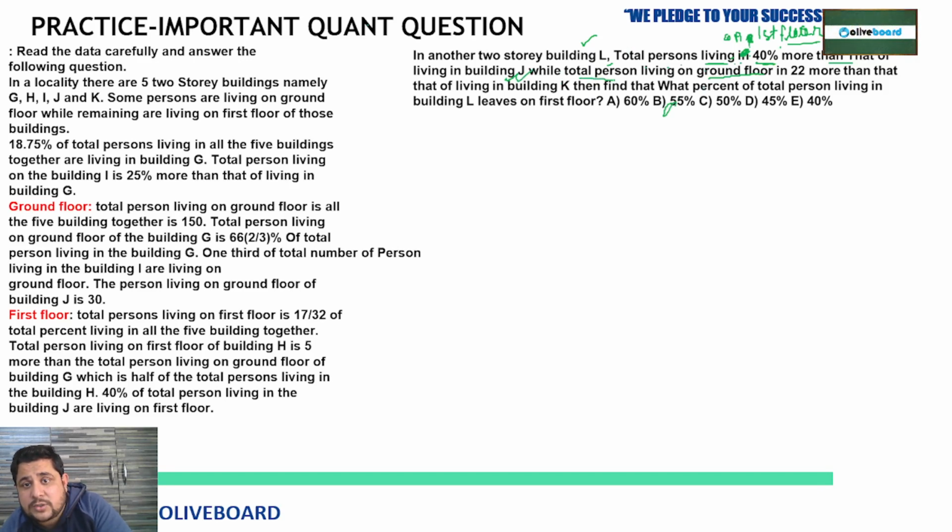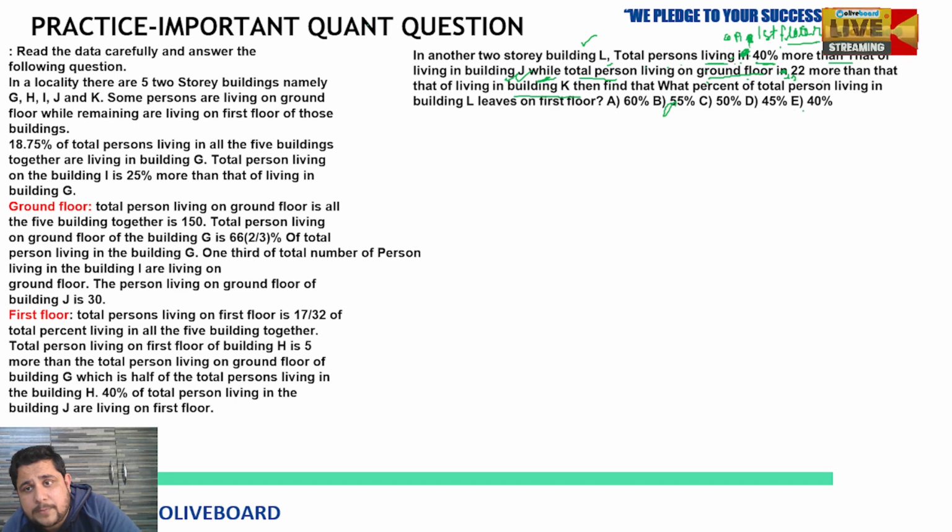While total persons living on the ground floor, now they are talking about what? Total persons living on the ground floor is 22 more than that of living in building K.